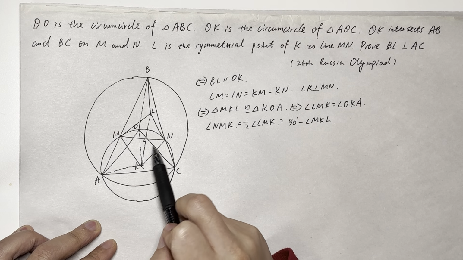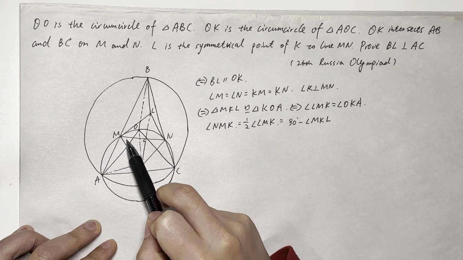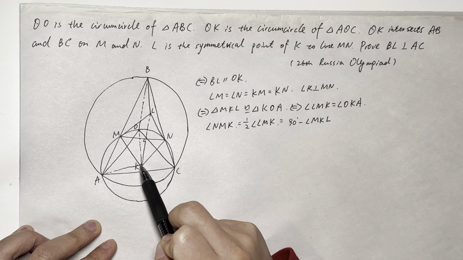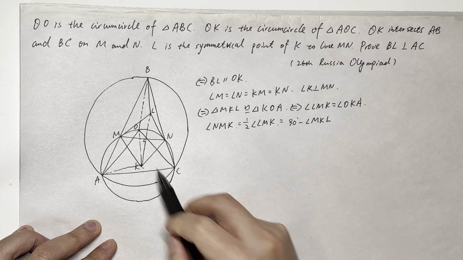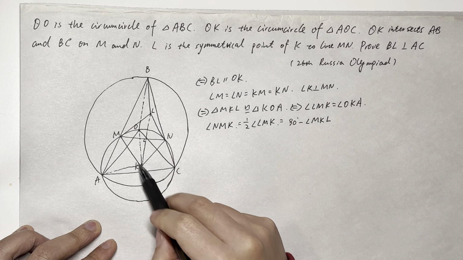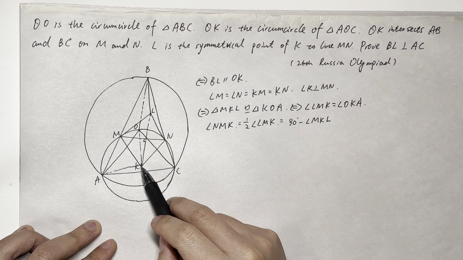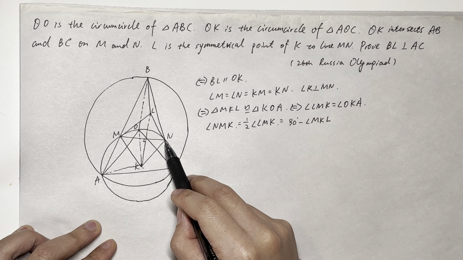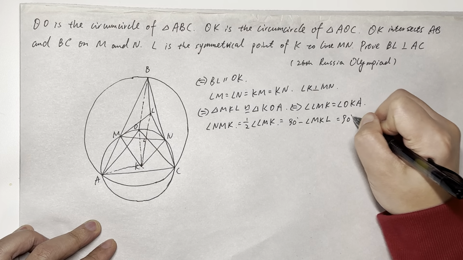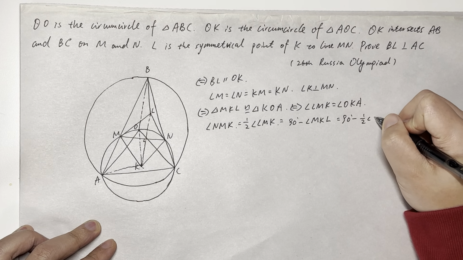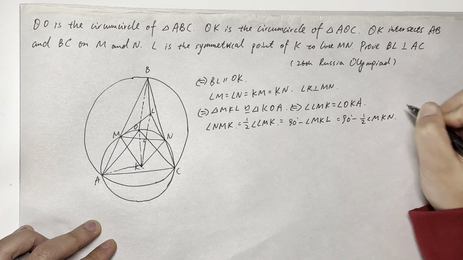Right? The angle NMK, this one, equals 90 degrees minus angle MKL. And what is MKL? MKL is half of angle MKN, right?